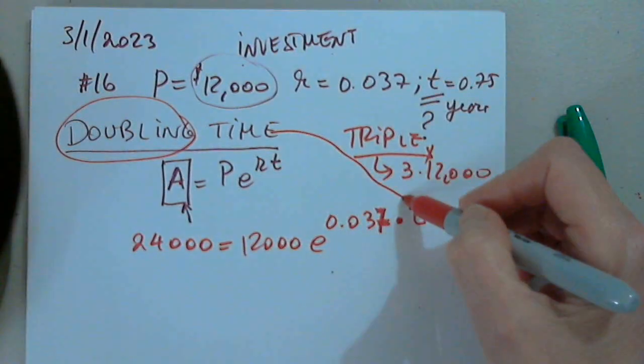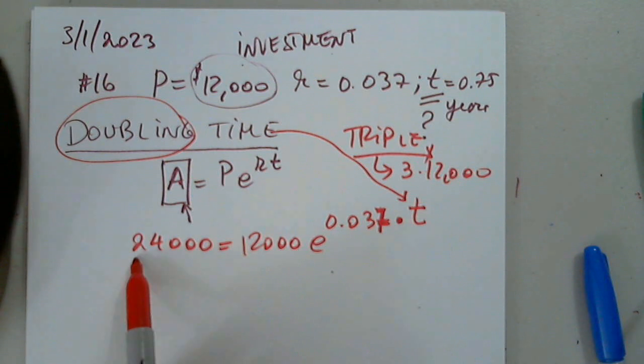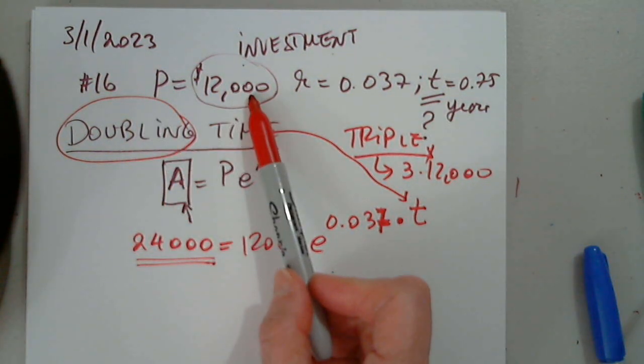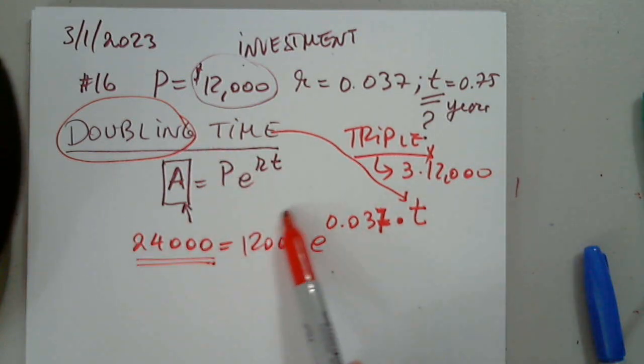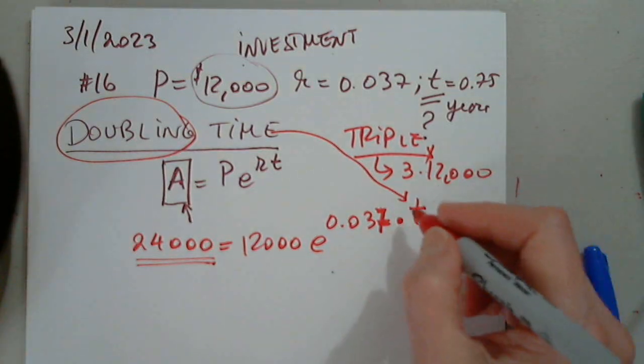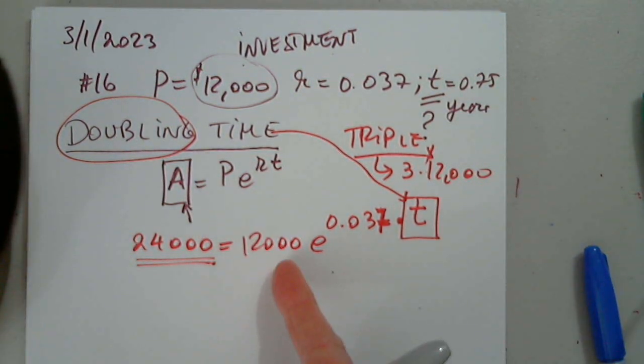And this I don't know is the time in years that will enable us to get a double investment. Is this clear so far how we set it up? Yes. Any questions here, anyone? So all we have to do at this point is find the time so that the investment doubles.